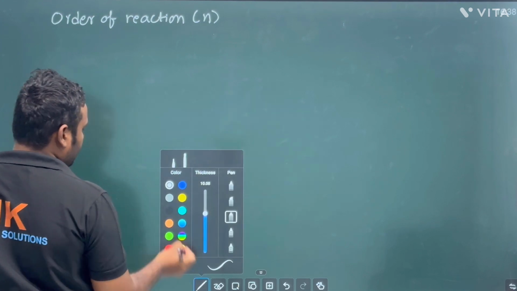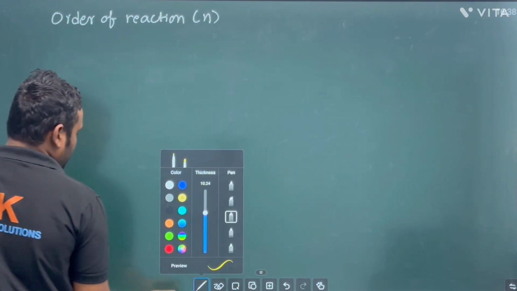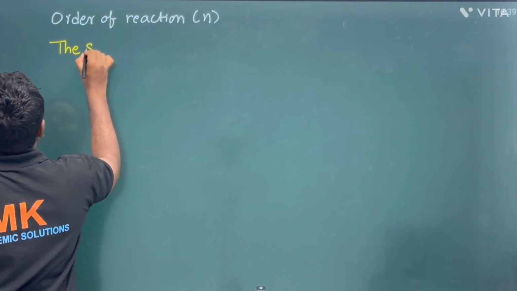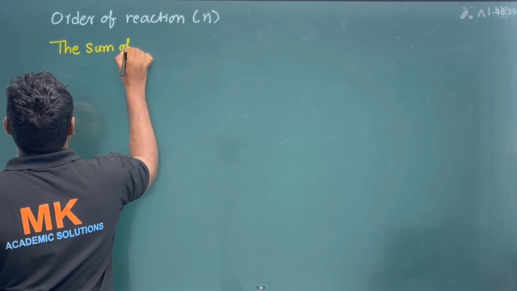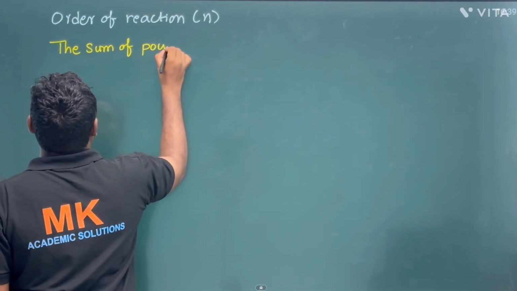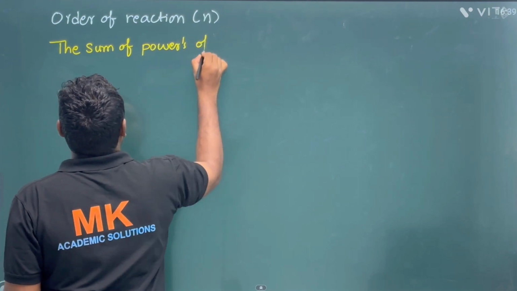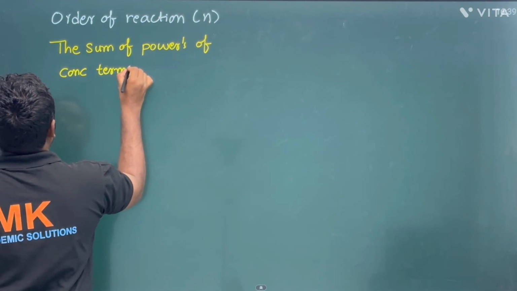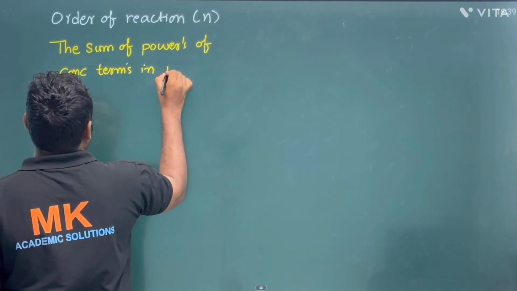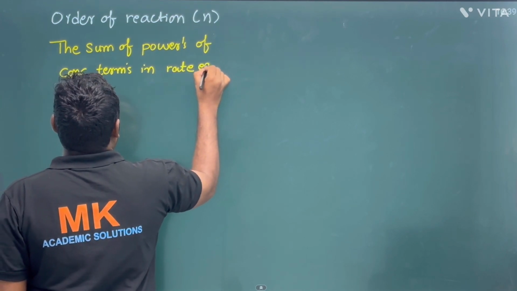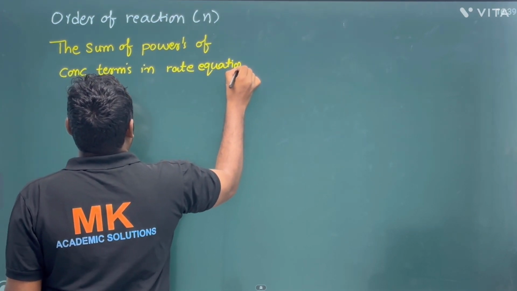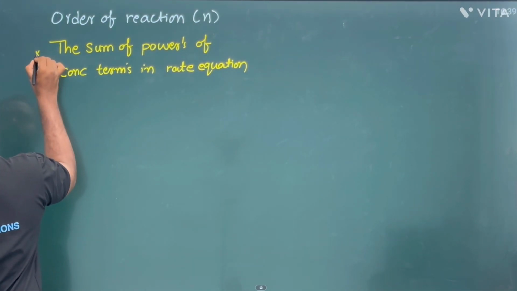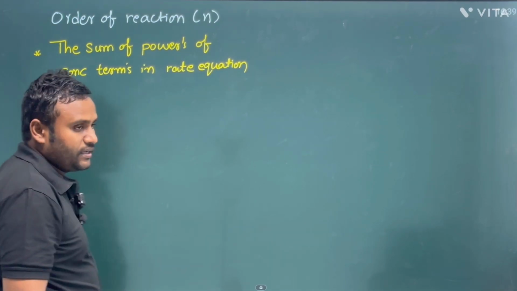Order of reaction is the sum of powers of concentration terms in the rate equation or rate law. That is called the order of reaction.